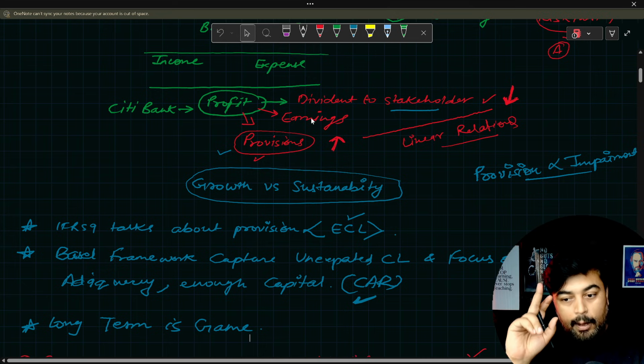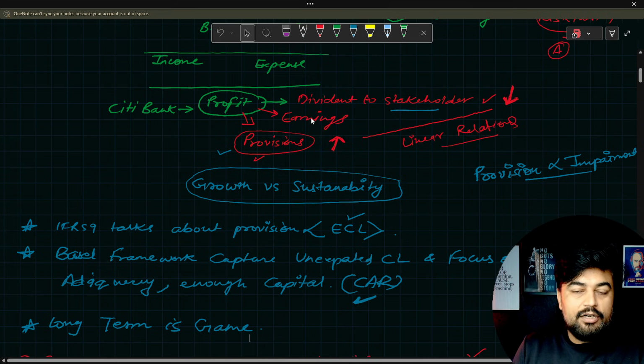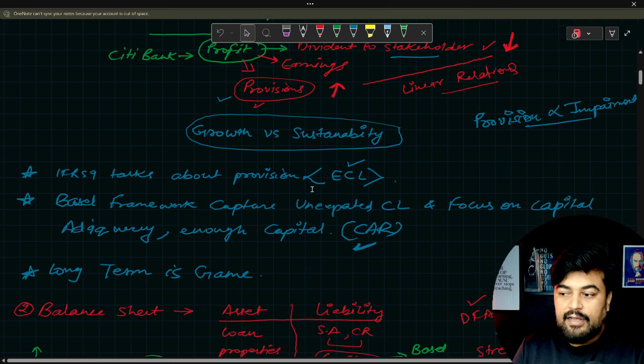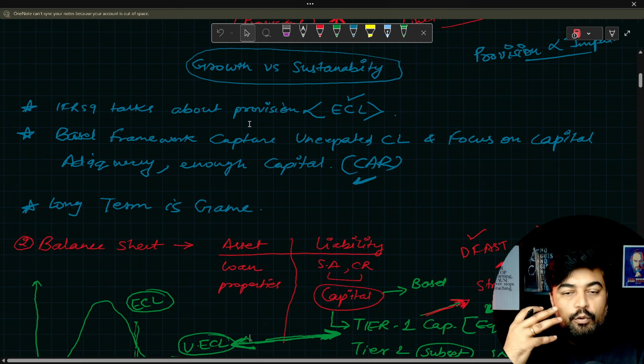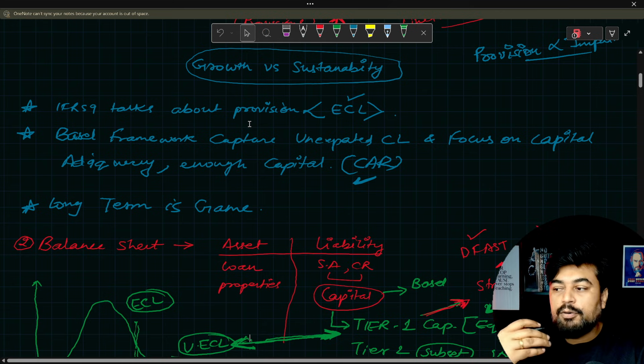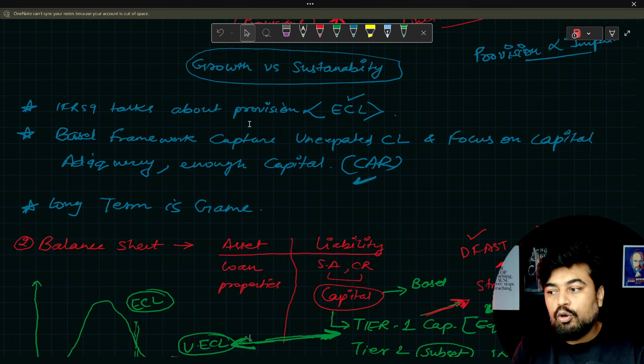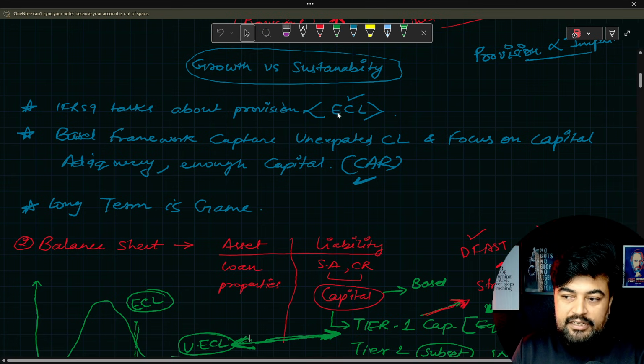When the provision goes up, the stakeholders' dividend goes down. We spoke about it. Then we spoke that this is a growth versus sustainability issue, all of that. Then we spoke about how IFRS 9 is about provision, which handles the expected credit loss.